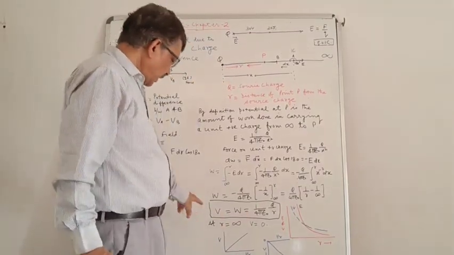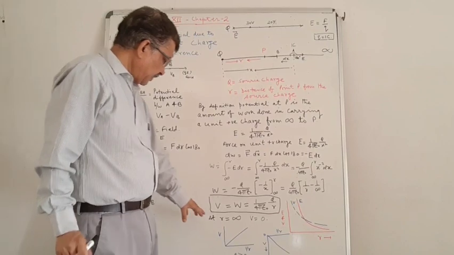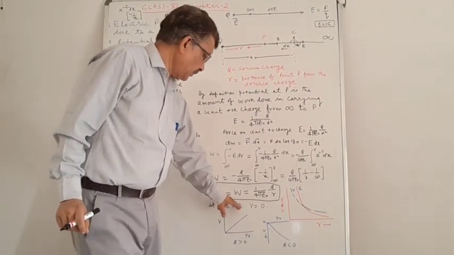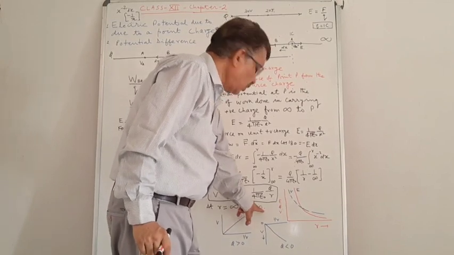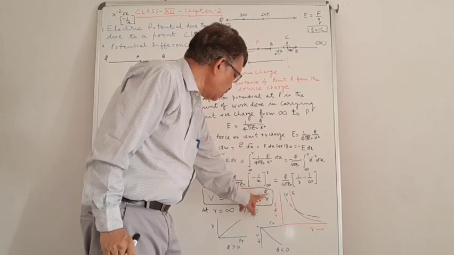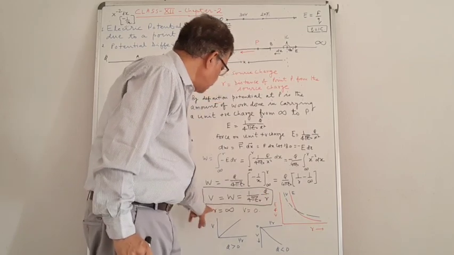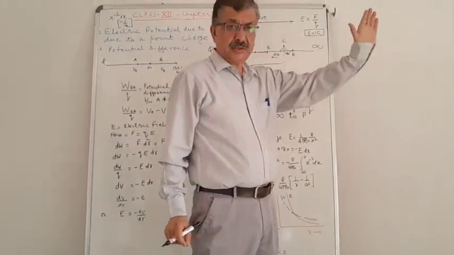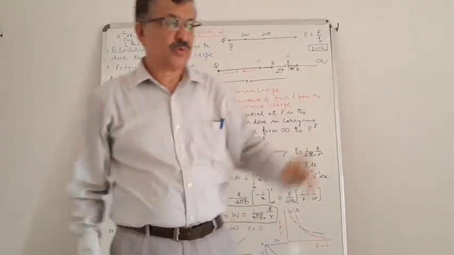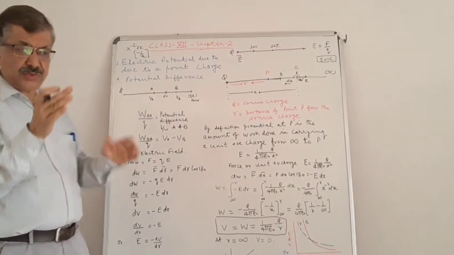So now from here we can see that if R is equal to infinity, the potential will be equal to 0, since something over infinity is 0. So the potential is considered to be 0 at infinite distance. So the potential at infinity is taken to be 0.